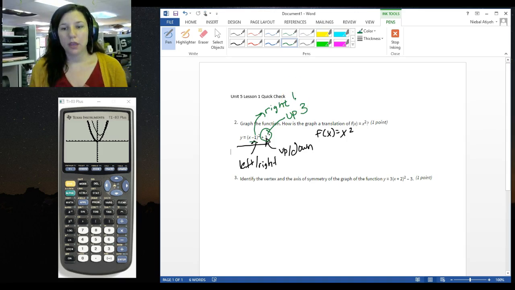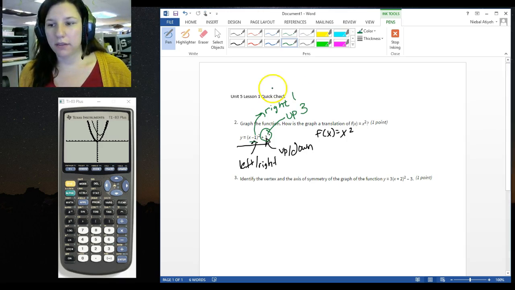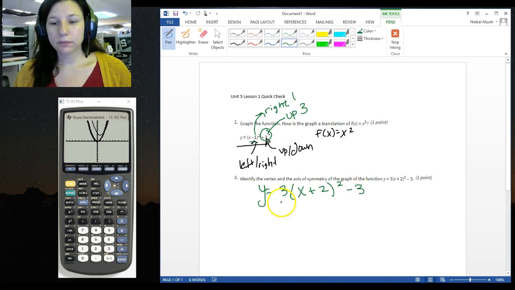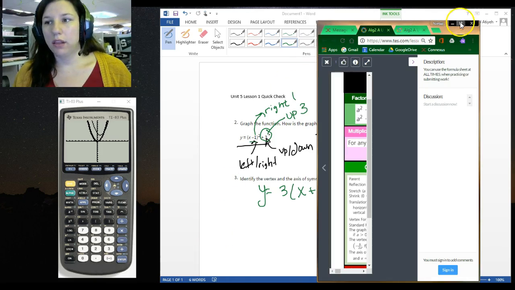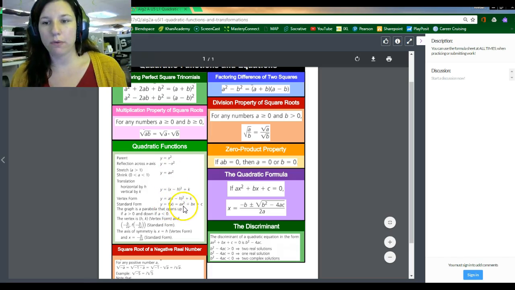All right. Let's take a look at number 3. Identify the vertex and the axis of symmetry for y equals 3(x plus 2) squared minus 3. And I'm going to go to my formula sheet again and line it up with what your original formula should be for the quadratic equation.